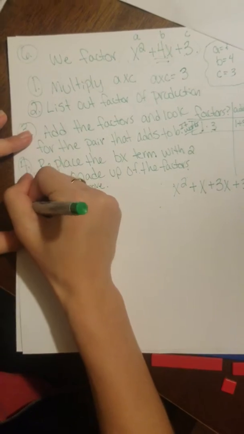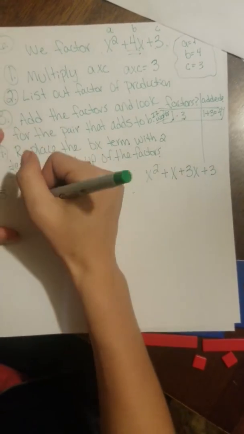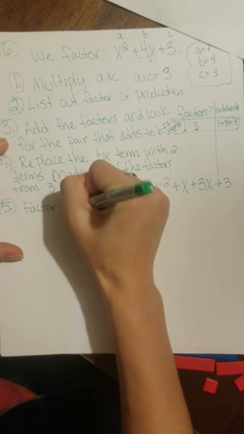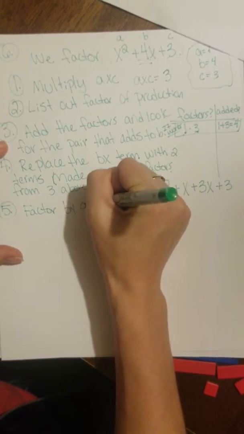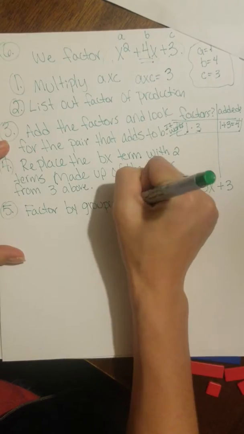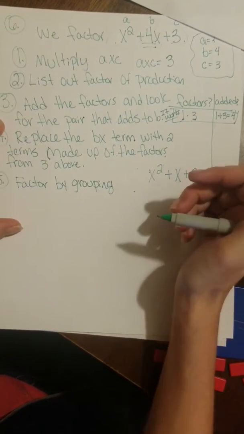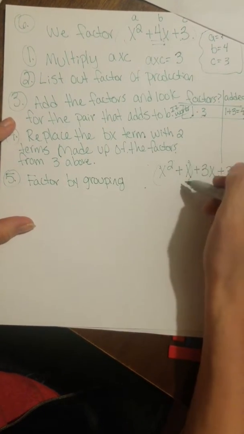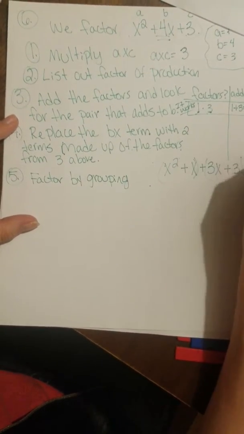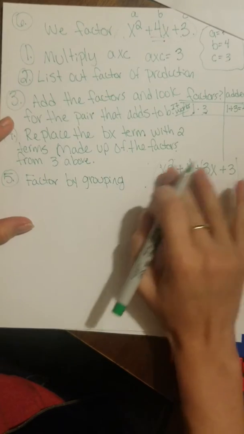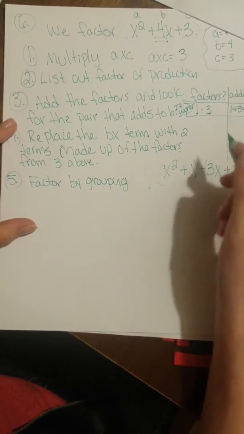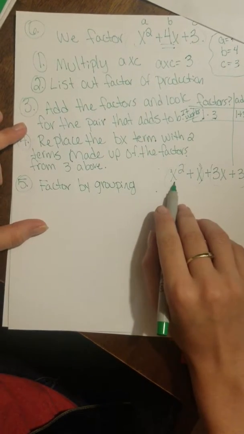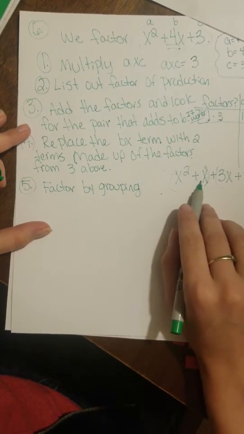Okay? So the fifth step is factor by grouping. Okay? So how we're going to do that is see what do they have in common here and what they have in common here. You have to split them like that, the factor by grouping. Okay? So you look at this and you think about what do they have in common.